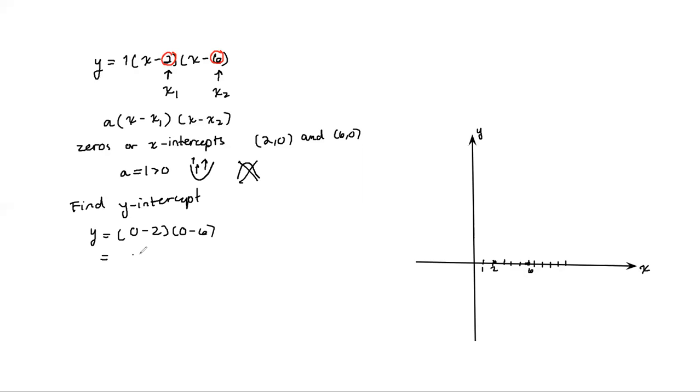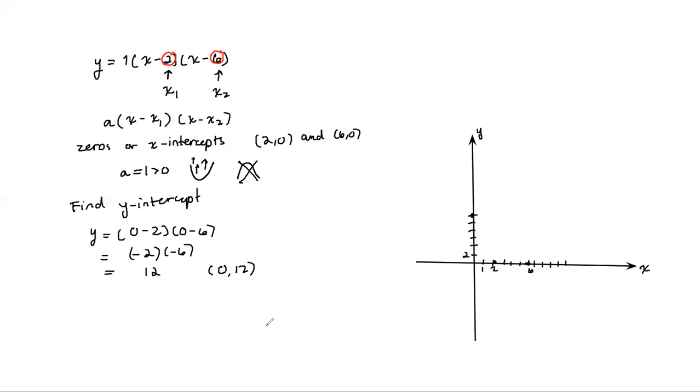That will give me minus 2 times minus 6, which is just 12. So my y-intercept is going to be (0, 12). So if I make this by 2, I have 2, 4, 6, 8, 10, 12, right here.